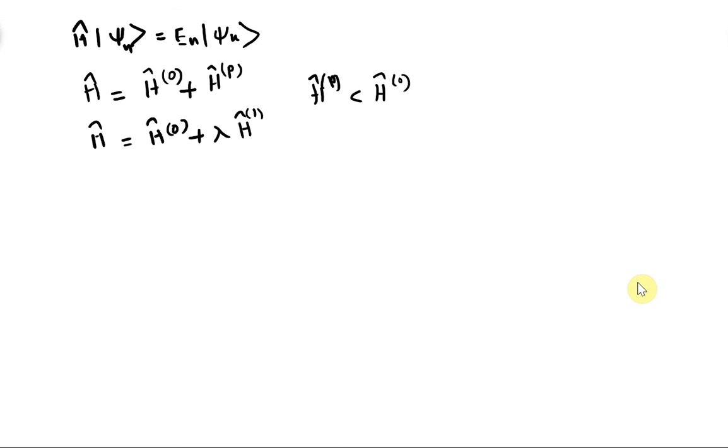So this number lambda is having a value ranging from 0 to 1. That means you are multiplying the second term with a kind of fractional number, and that term is going to be smaller.